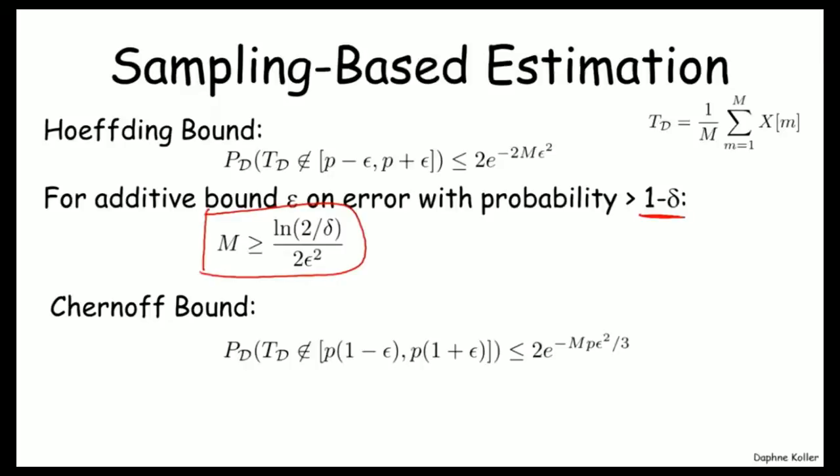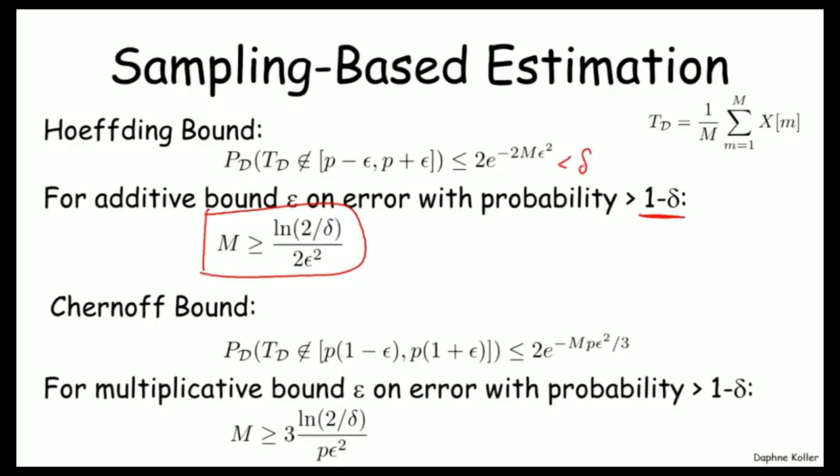You simply say this is less than or equal to delta, and then you just take logs and move things around, and it all comes out to be exactly this. And for the Chernoff bound, we have a similar expression, and that gives us that same kind of bound on m as a function of epsilon and delta, and in this case, P as well.